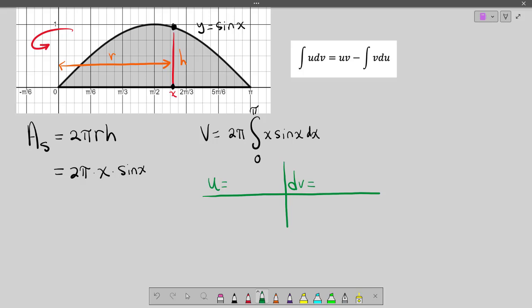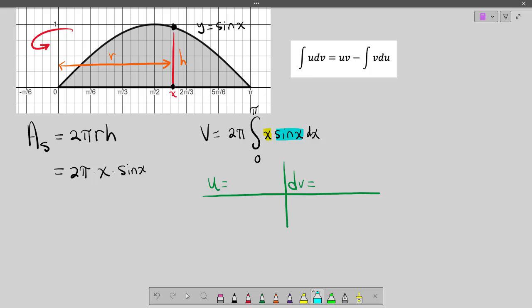So let's think for a minute. There's two natural choices here. We've got the x, and we've got our second function sine x. If we put the x with the u and differentiate, the power goes down. If we put the x with the dv and integrate, the power goes up.